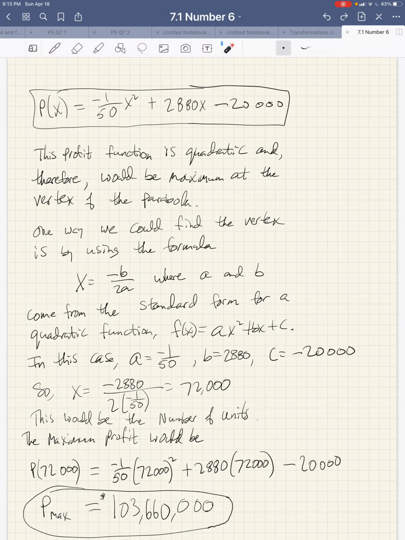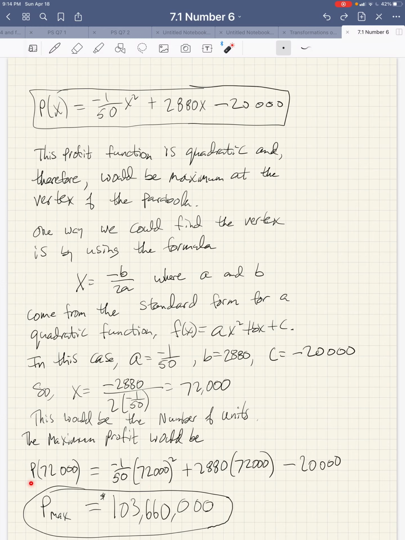Now the maximum profit would be what we would get if we substitute that 72,000 into the profit function. So everywhere there's an x in that profit function, we're going to put 72,000.